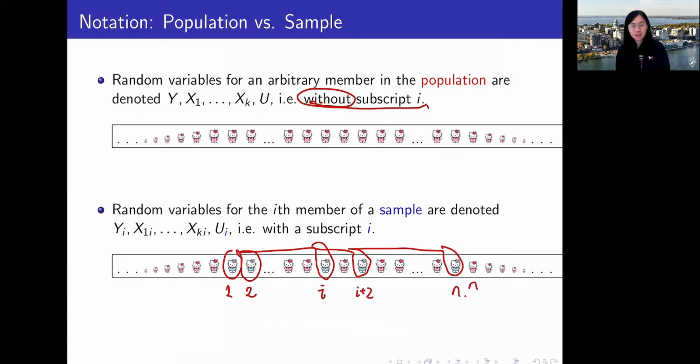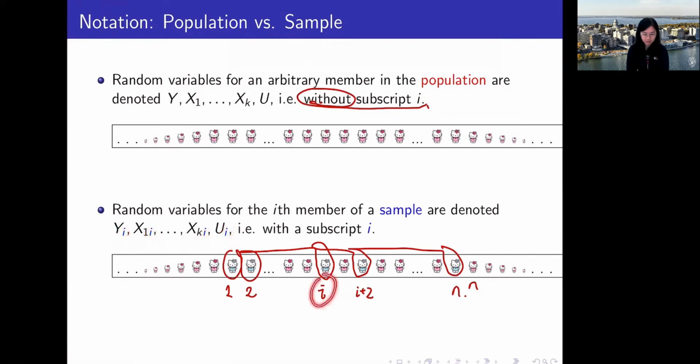Then each of the individuals in the sample are numbered. So the characteristics of each of the individuals is denoted by these random variables with a subscript. This subscript is the index for the individual you are referring to.